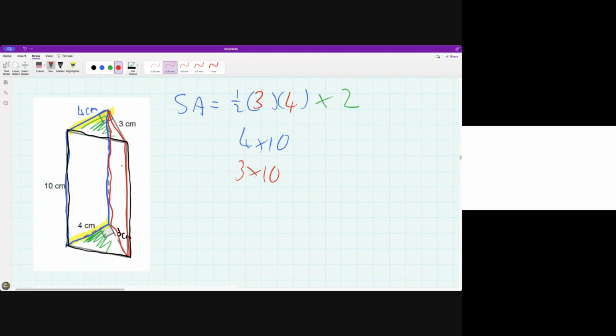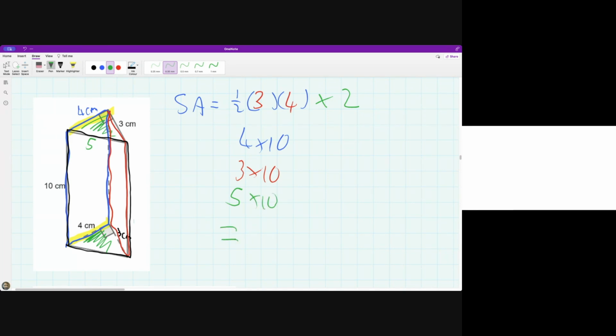Come on, who knows what this is? I know someone knows it. It's just itching on the tip of your tongue. Pythagoras. Yes, Pythagoras. So if this is 3 and this is 4, by Pythagoras, this must be 5. So this would be 5 times 10.